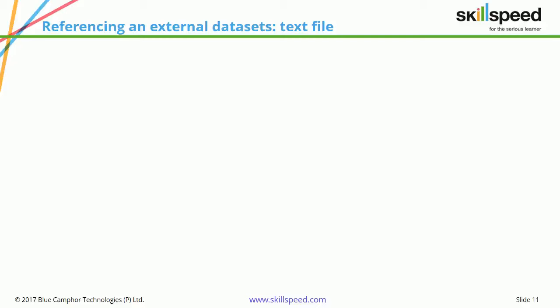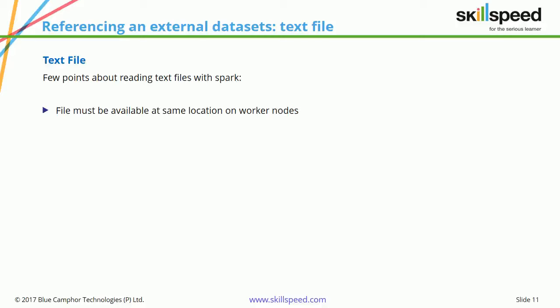Now let's see how to reference an external dataset using the textFile method. Here are a few pointers you have to take care of. First of all, when you are using the textFile method, the file must be available at the same location on worker nodes. It can be on the local file system or another file system such as Hadoop.